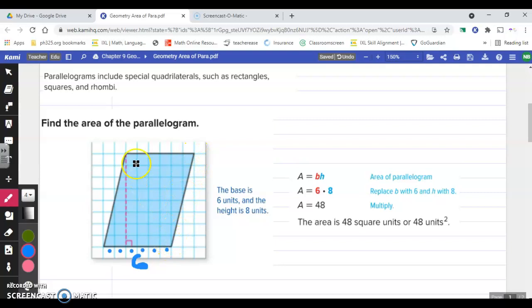Don't count the diagonal. If we take the rope, we can start at the top or the bottom. We can start at the top. I've got 1, 2, 3, 4, 5, 6, 7, 8 unit squares, so we ended up with 8 as our height, and what they did was multiply 6 times 8.